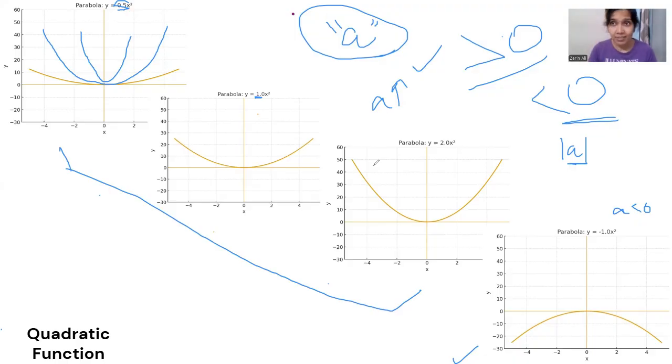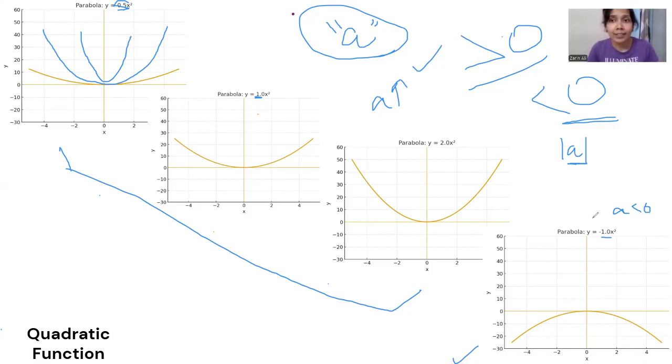But let us say you have a situation where your entire story is reversed. The entire narrative changes. Your A becomes less than zero, so obviously your parabola will now be facing downward.